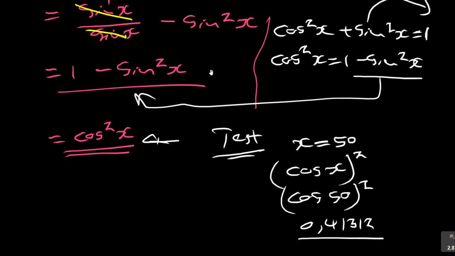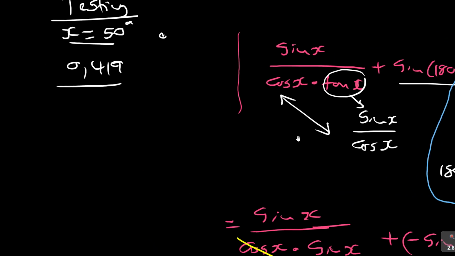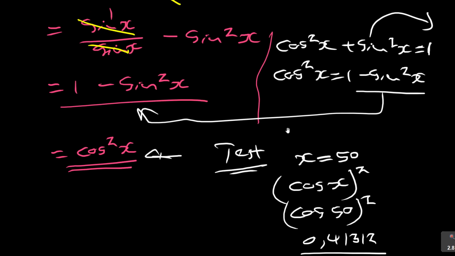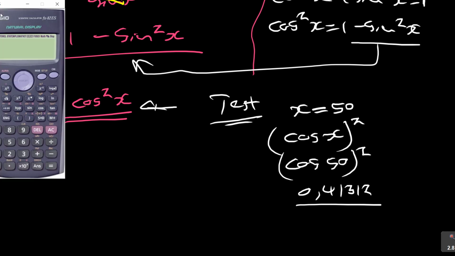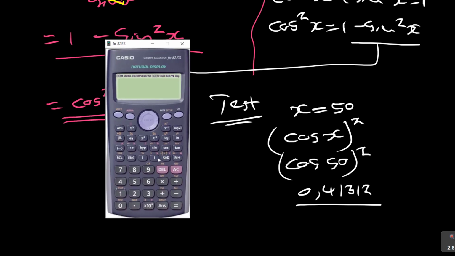Let's check the previous one, which was 0.419. Am I doing this right? 0.413. Let me check again if I did this right. Cos 50, and then it's squared, equal to 0.413. So I'm getting 0.413 here.